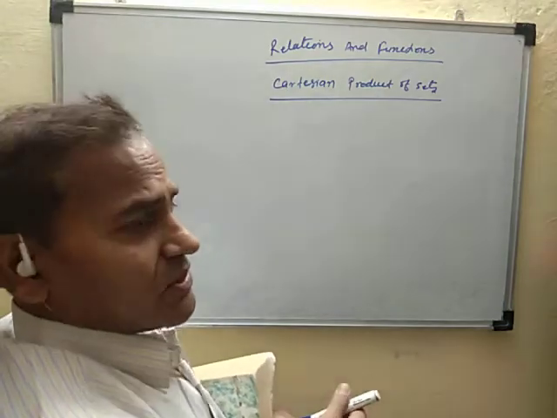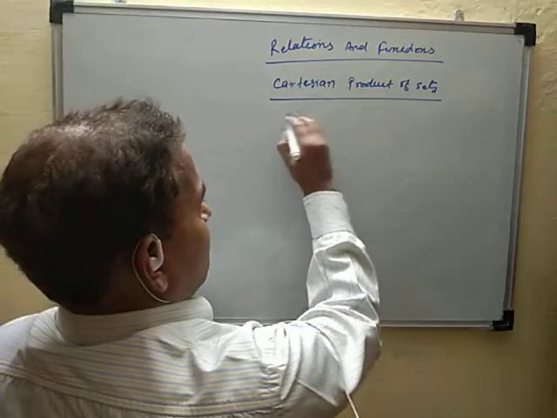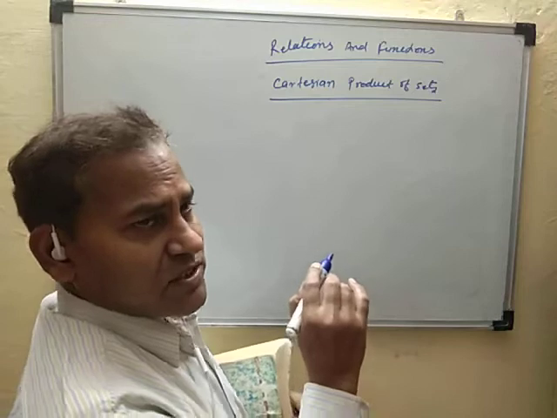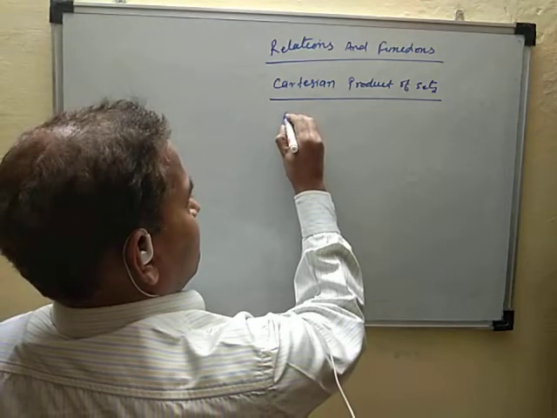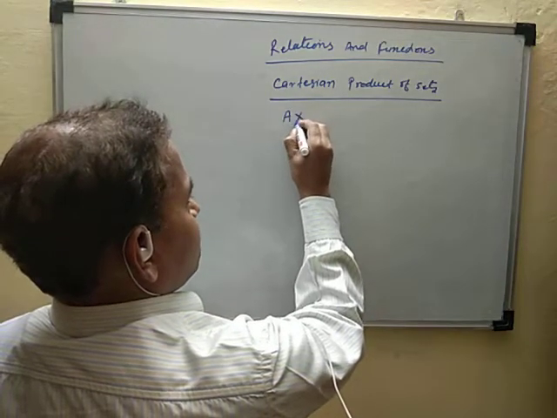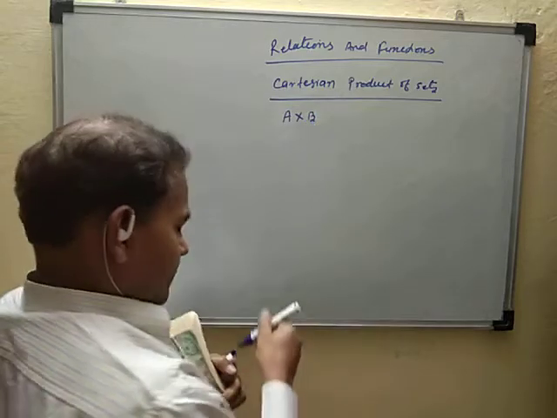So the definition is, let A and B be any two sets, then its Cartesian product is denoted by this symbol.